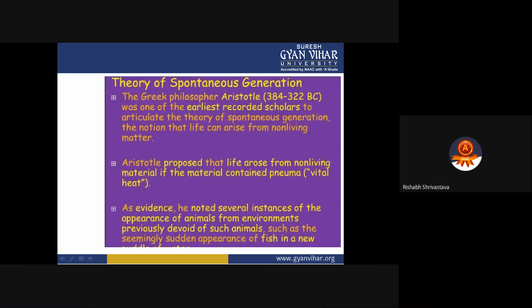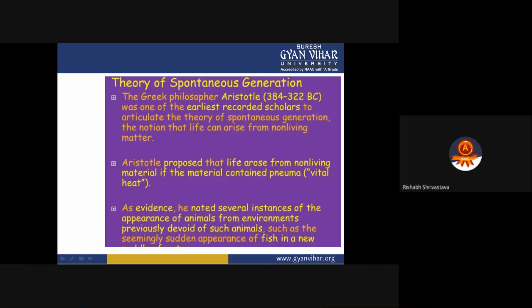Aristotle, a Greek philosopher who lived between 384 and 322 before Christ, was one of the earliest recorded scholars to articulate this theory. He proposed that life arose from non-living material, and the material should have a vital heat called pneuma.